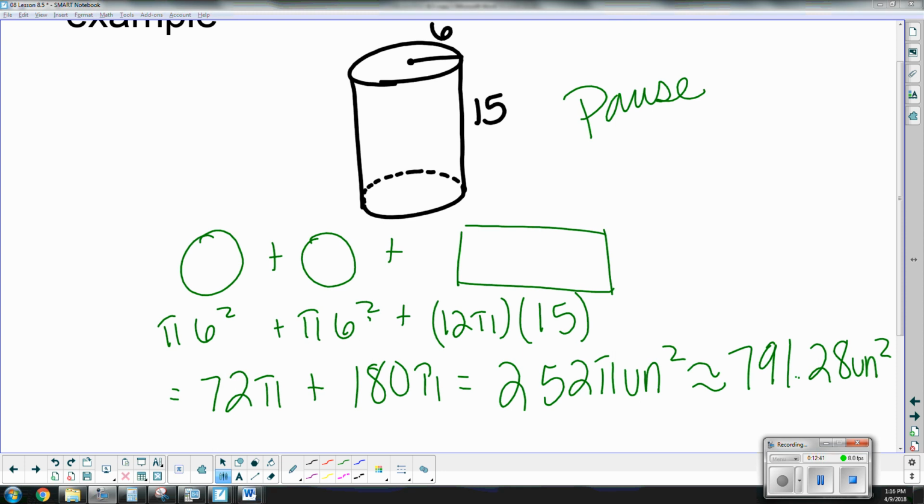And then our rectangle that goes around, we need the circumference. The circumference is the length of our rectangle. And then the height of our rectangle is 15 units. So 72 pi plus 180 pi is 250 pi. So that's 250 pi units squared, which is approximately 791.28 units squared.